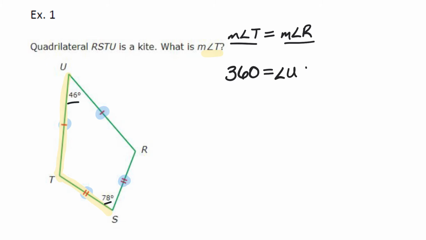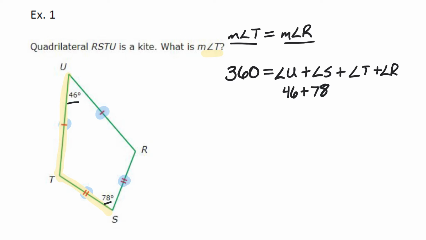Angle U plus angle S plus angle T plus angle R should equal 360 degrees. Well, let's substitute what we know. We know that U is 46 degrees. We know that S is 78 degrees.